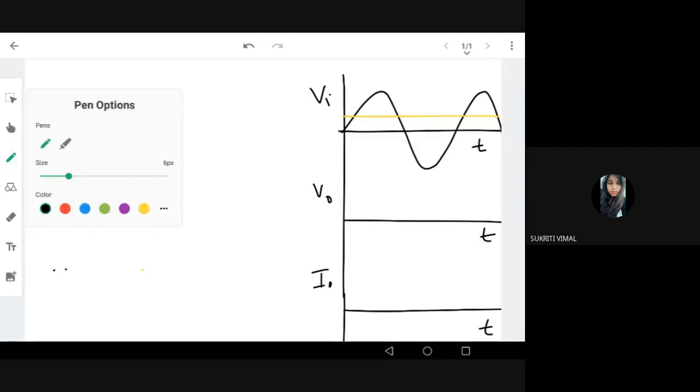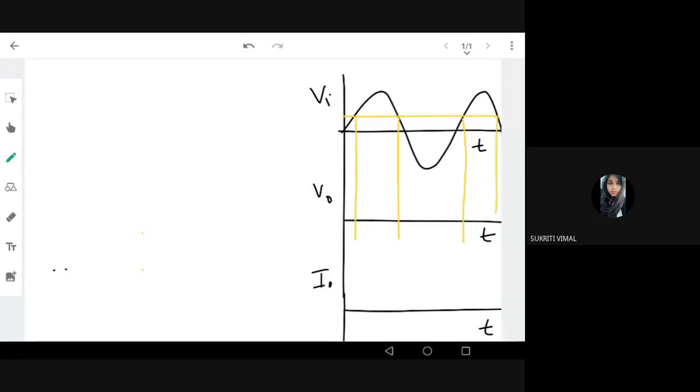Okay, so now I plot it over the place where the 2 volt is happening. Let me also note those points where my waveform is changing its axis. These are the areas. Fine. Now I know there will be output when V input is greater than 2 volt.